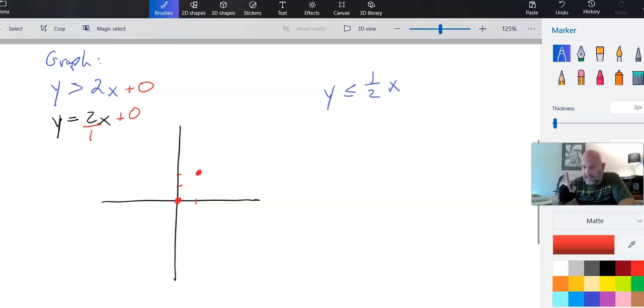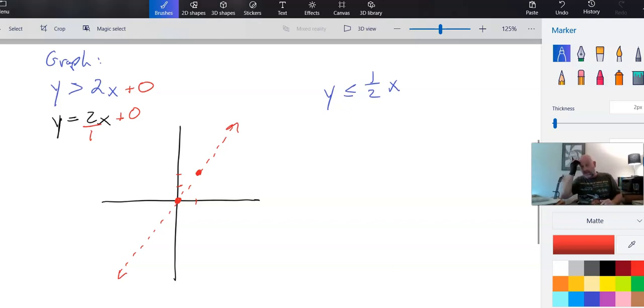I want to see, is it going to be solid or dashed? I look over here, and there isn't an equal to on here, so it's going to be a dashed line.